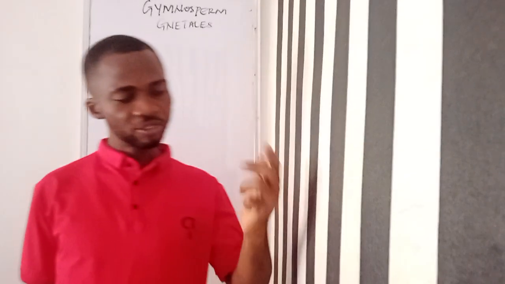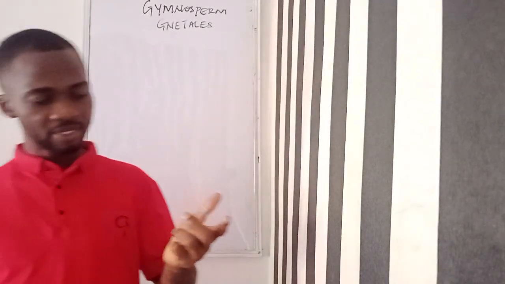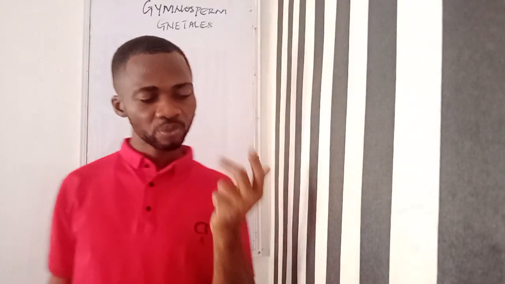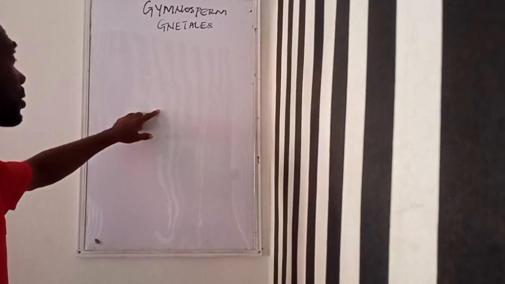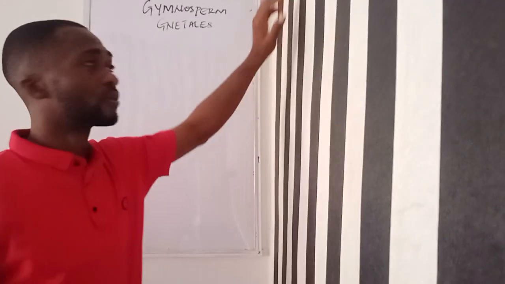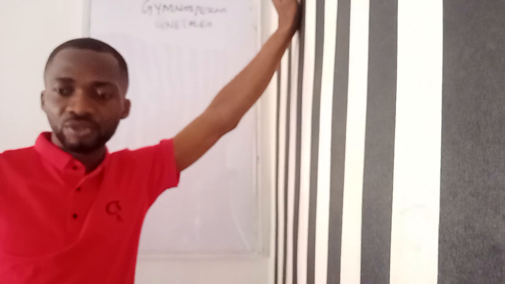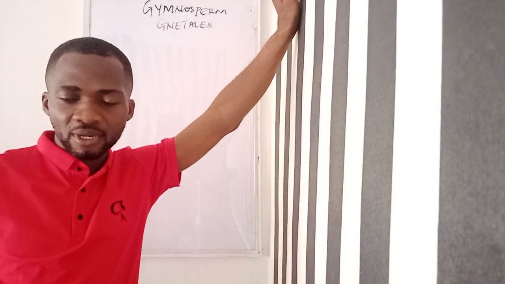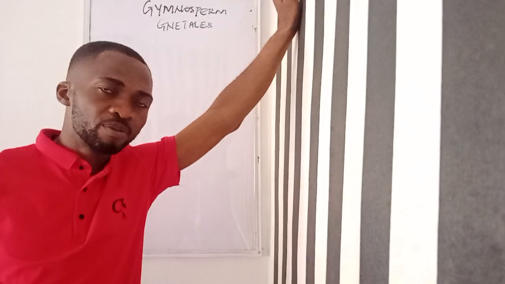If you can remember, I have Gnetaceae, Ephedraceae, and Welwitschiaceae. Now giving examples: Gnetum, Welwitschia, and Ephedra. So what we're going to do now is to see, because Gnetales are the most advanced group of gymnosperm, you're going to discover that they have some characteristics of angiosperms.